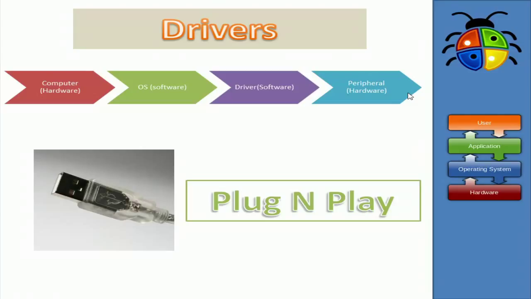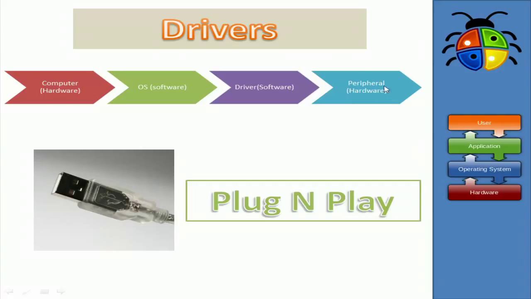So for managing inputs and outputs, we have something called drivers. Drivers are kind of like dictionaries, or maybe a phrase book would be a better example, that let your operating system talk to a peripheral device.